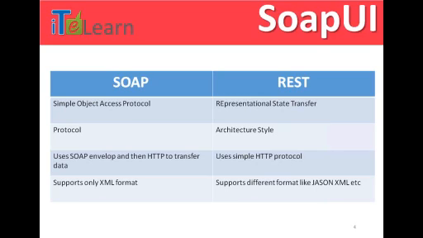SOAP mainly uses HTTP, hypertext transfer protocol, to transfer data from one software or one machine to another machine. And it uses XML format to send or transfer data from one software to another software when you send a request.